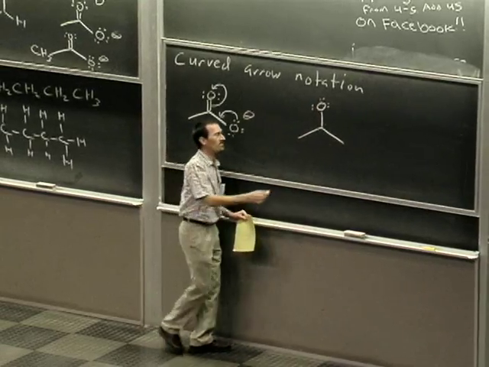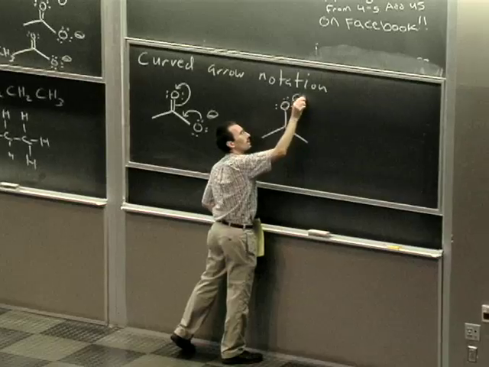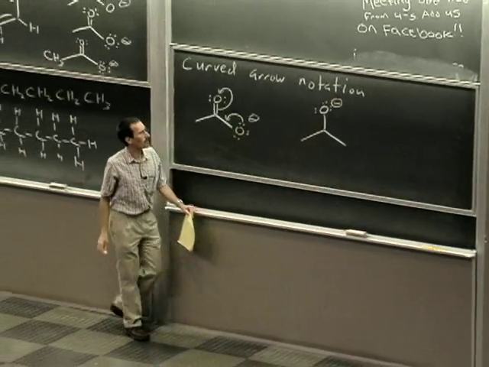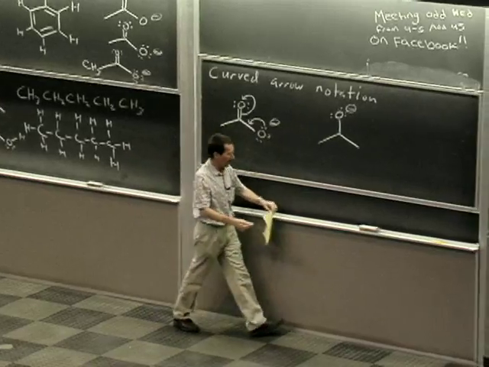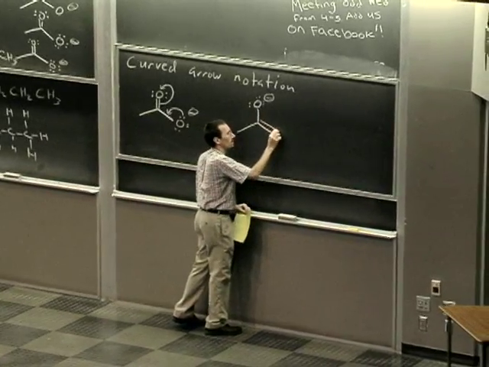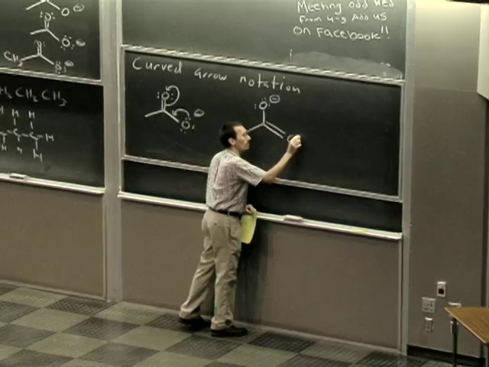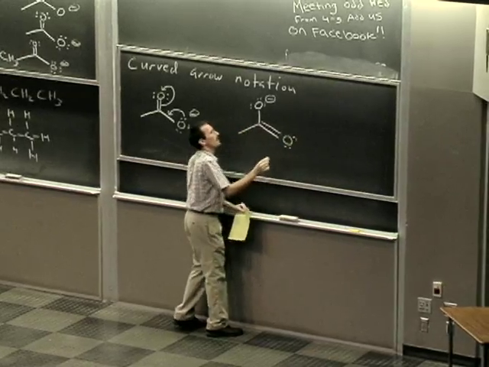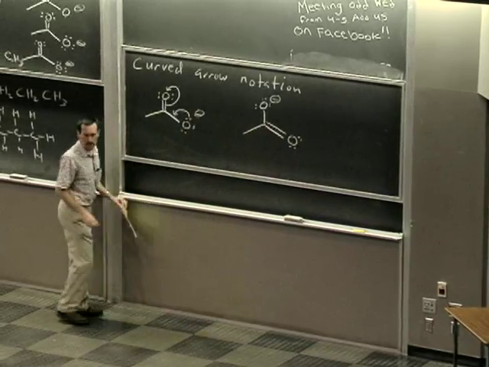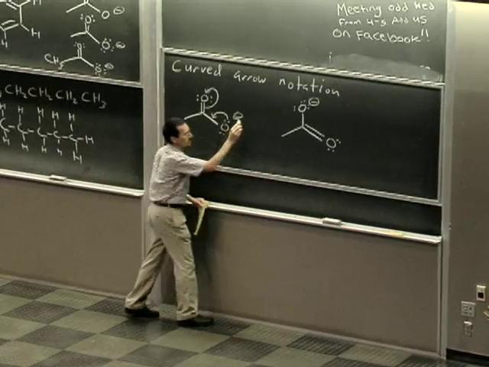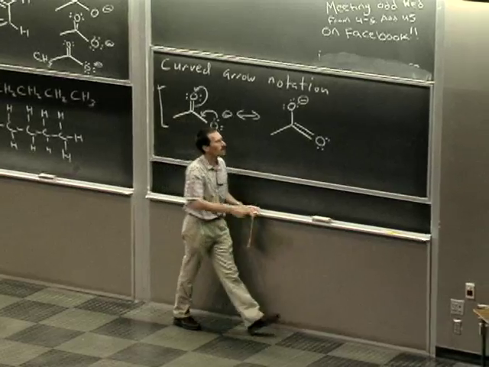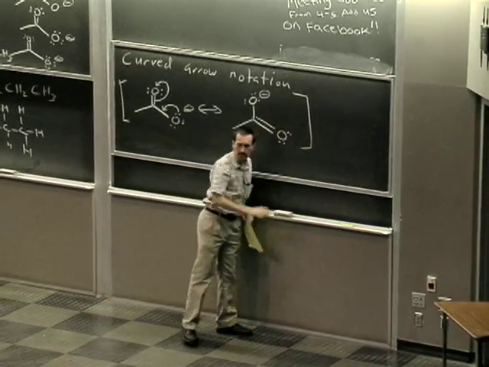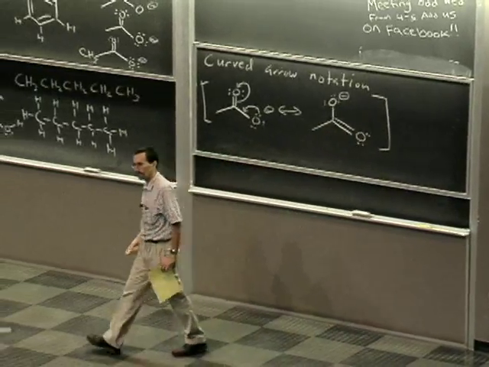We have a negative charge on that oxygen. In the bond to the lower oxygen, we now have a double bond. We have 2 lone pairs on that oxygen. And of course, these are just the 2 resonance structures, not one, not the other, but both at the same time.